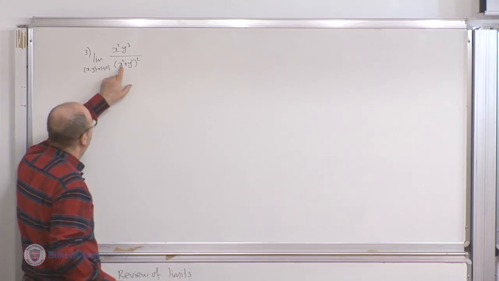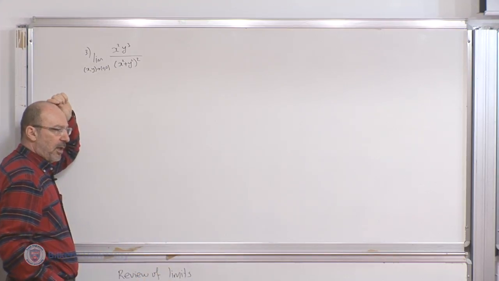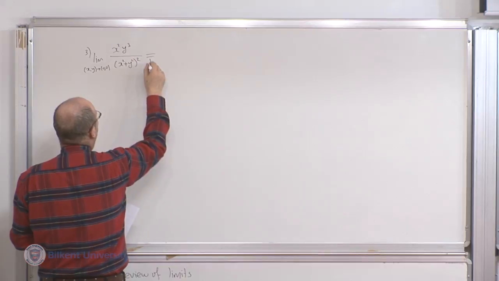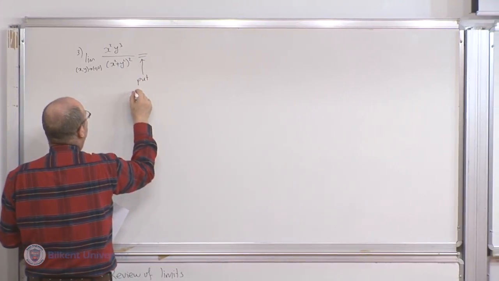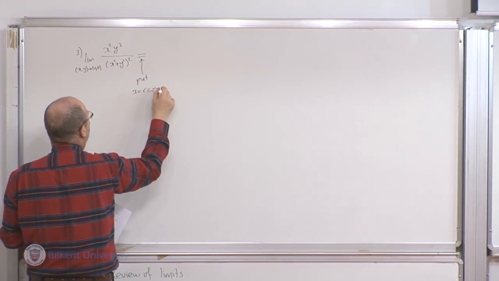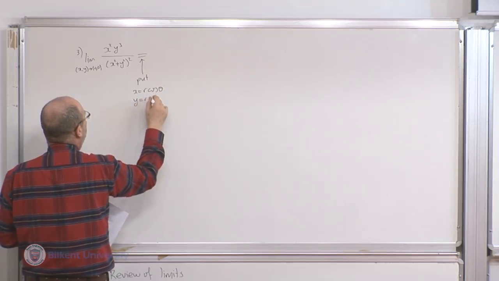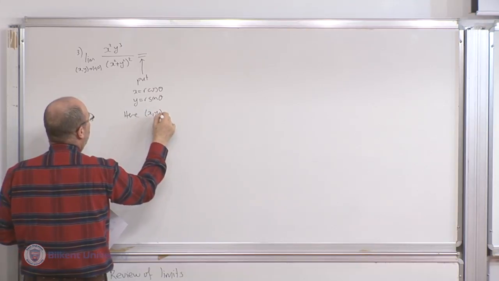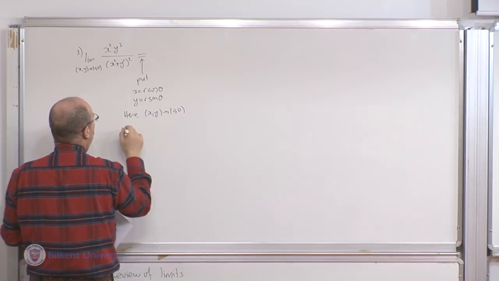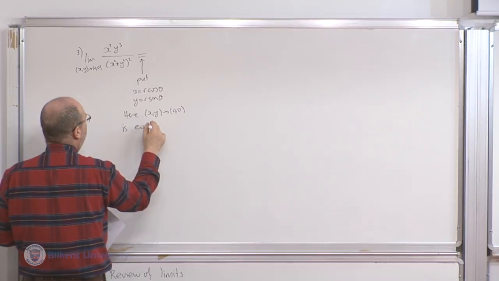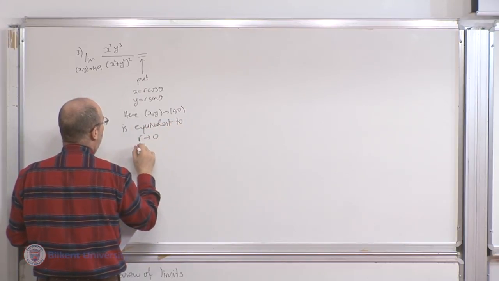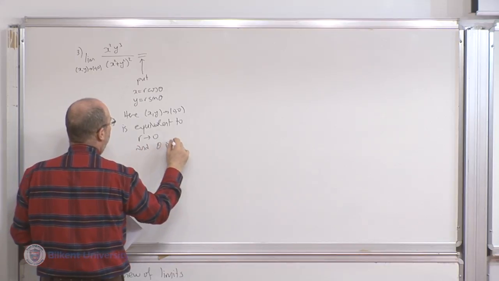Okay? So when you have x squared plus y squared, then obviously a circle comes to mind. So sometimes you can do this. Put x equals r cos theta, y equals r sine theta. Here x, y goes to 0, 0 is equivalent to r goes to 0 and theta is free.